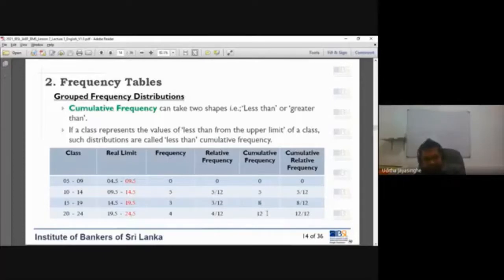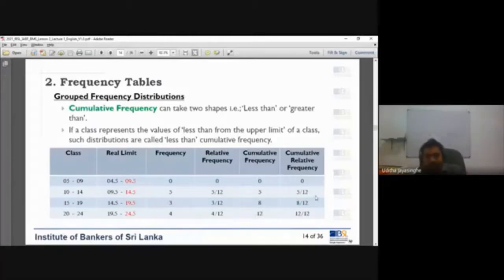The last is 12. For instance, cumulative frequency 8 for this 15 to 19 gives an indication that there are 8 items either included in this class or below this class. 12 items either included in this class or below this class. That's the whole idea of cumulative frequency.